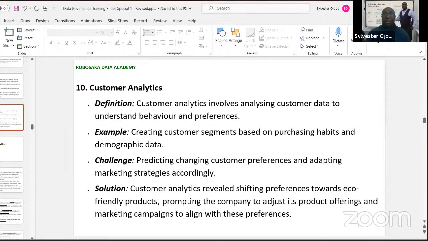So let me stop sharing. The literature of this, I think I have sent it across to everyone. Because we couldn't finish it last week, that's what we're doing right now. But if you know you have not received yours, do not hesitate to let me know.